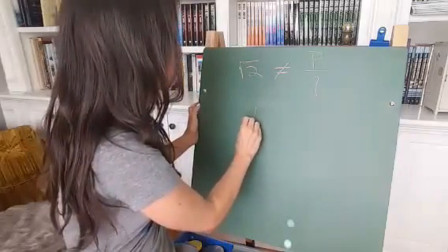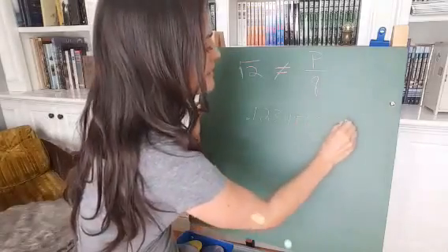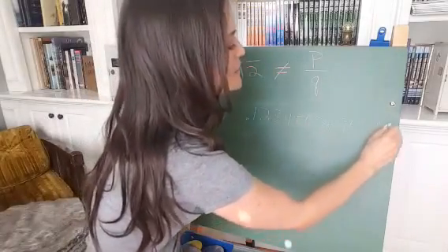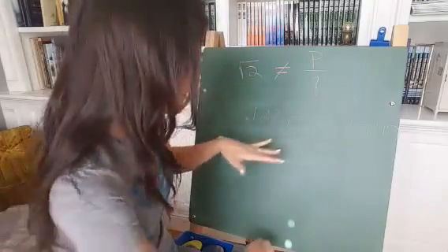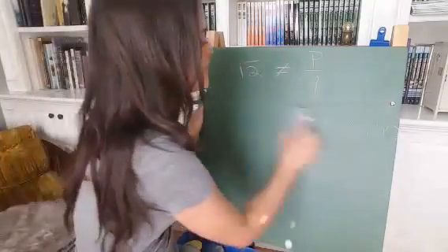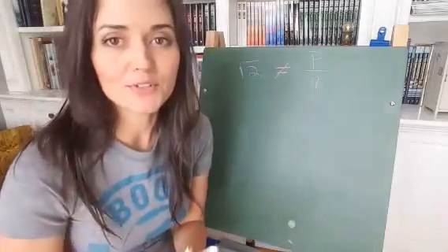For example, 0.123456789101112. If you keep doing that, that's a predictable pattern, but it's not rational because it cannot be expressed as p over q. So that is rational versus irrational.